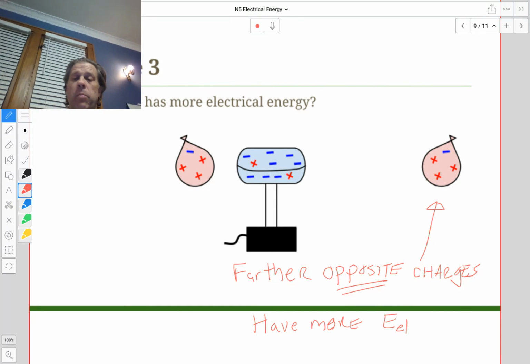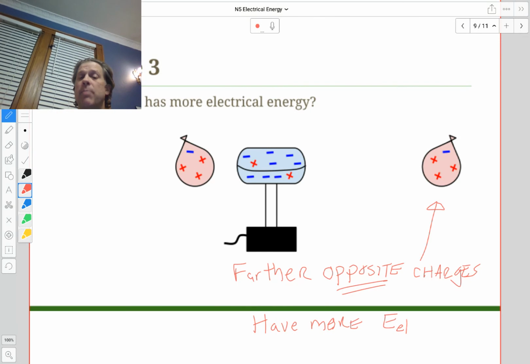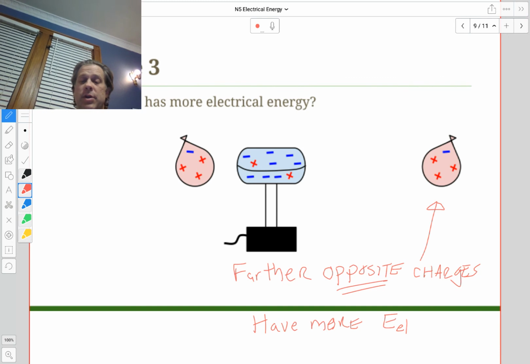Note that both of the balloons have more positive charge than negative charge. So that's why the farther opposite charges have more electrical energy.